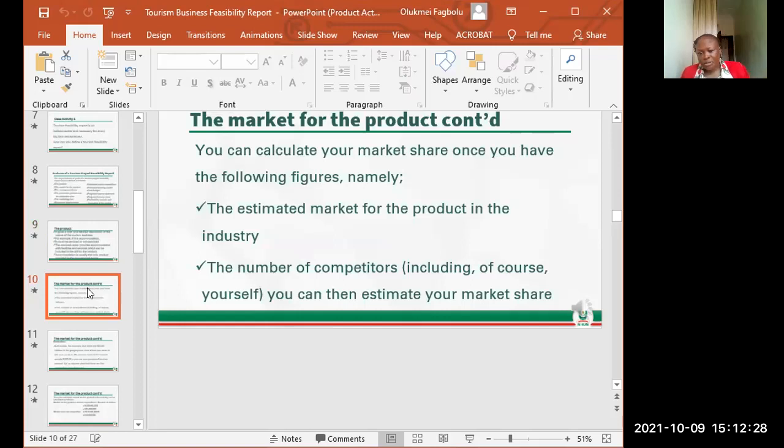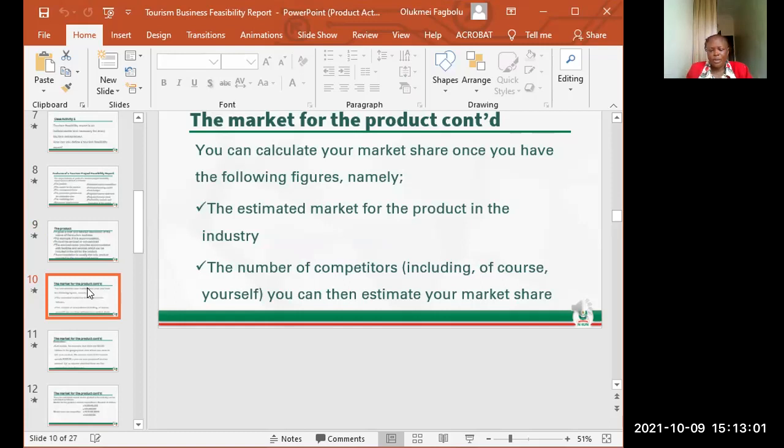Another person is offering it, maybe in the same area, or globally, regionally, continentally, nationally, or state-wise. Now, how many people are already offering that product, plus me or you? All the people that are offering this product, including the people that want to venture into it, to be offering that product again to the consumers, have all become what?